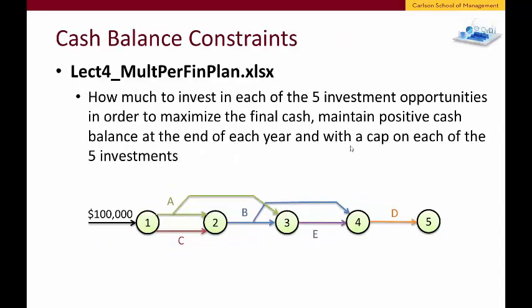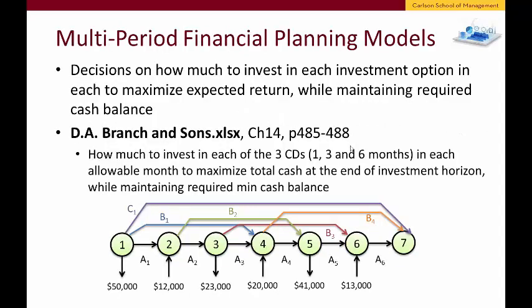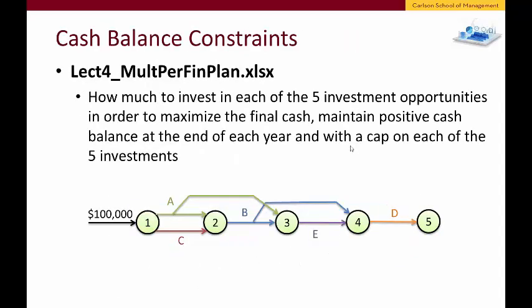There are 5 investment opportunities with different returns and maturities, as you'll see once you open the Excel file, and the minimum cash balance is simply to stay positive in each one of the months, so there's no $10,000 requirement. However, there is a cap of $75,000 on each individual investment, which we did not have with those CDs in the previous example of DA Branch and Sons.